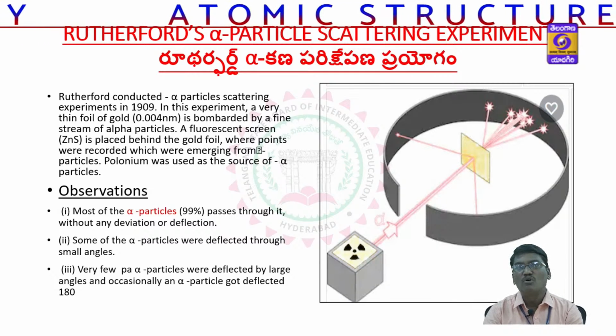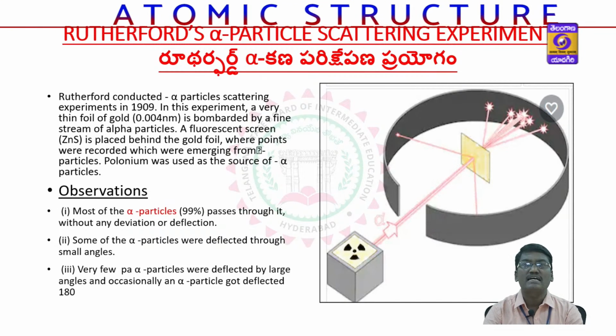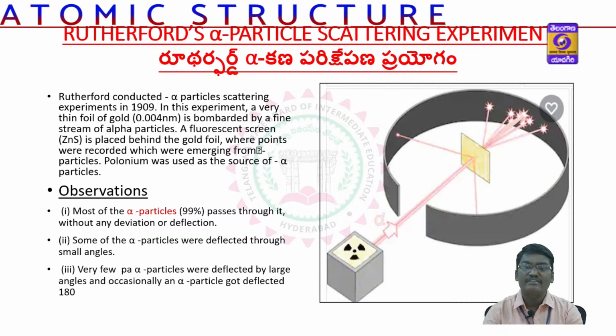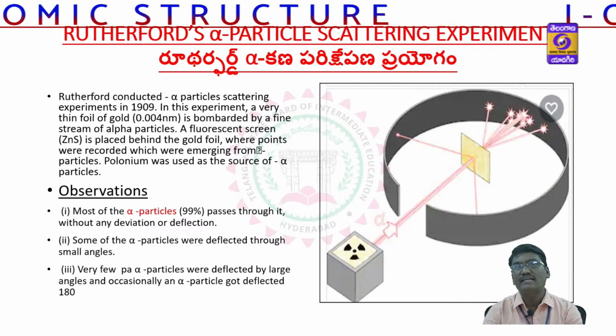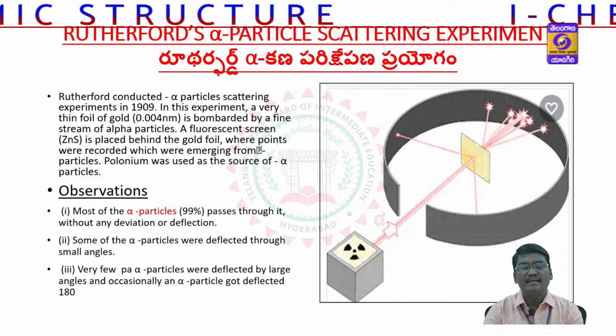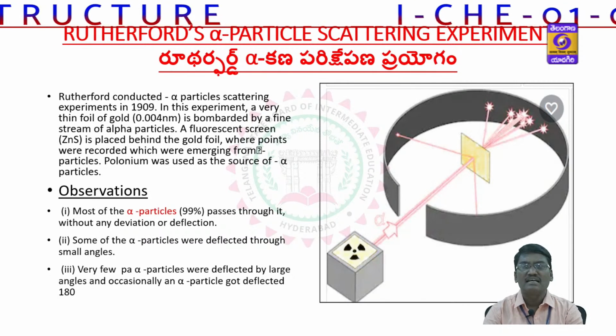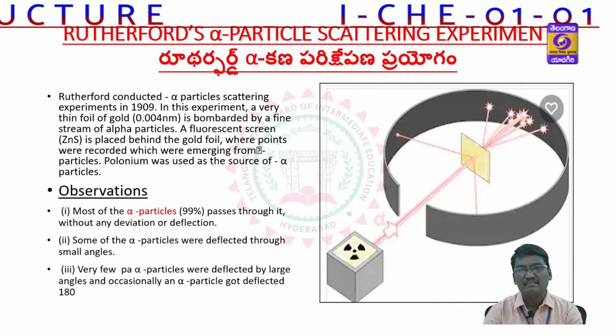This means most of the positively charged particles entered through the atom and hit the zinc sulfide without deflection. Since 99% of the particles passed, the atom has a lot of space.